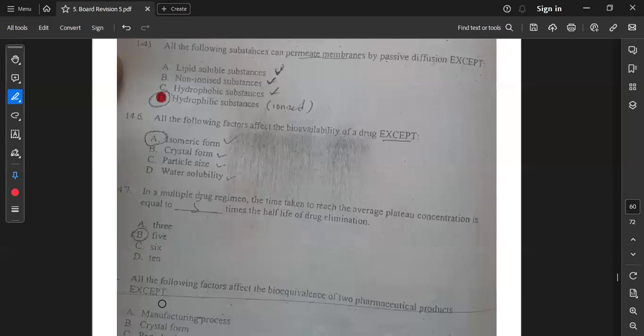All the following factors affect the bioavailability of a drug except its isomeric form, crystal form, particle size, or water solubility. Dr. Munira is telling us the answer is A, isomeric form.